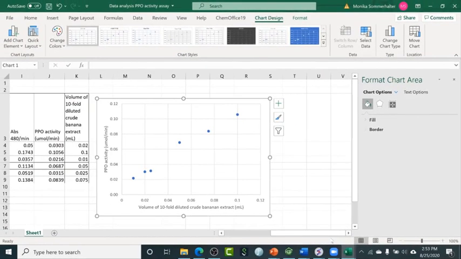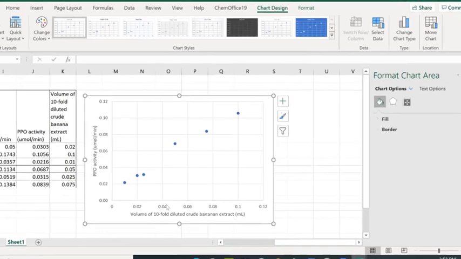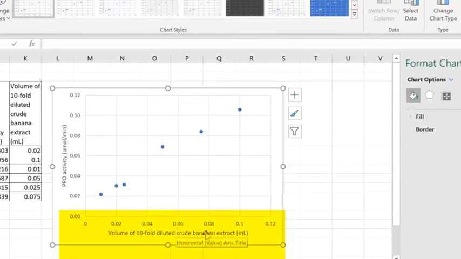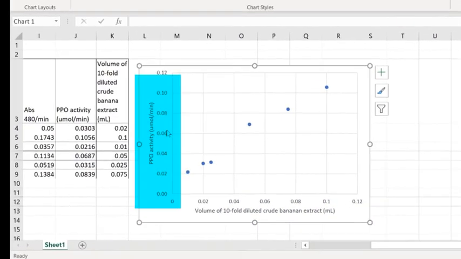What's important for this graph is to realize that as you increase the volume of the crude banana extract from one assay to the next, you get higher and higher PPO activity values because it's the crude banana extract that contains the polyphenol oxidase. So it's a linear relationship.